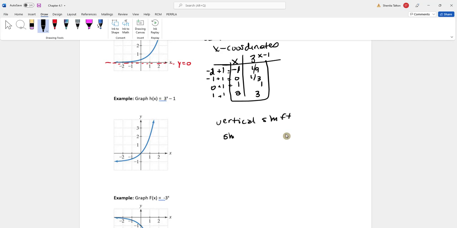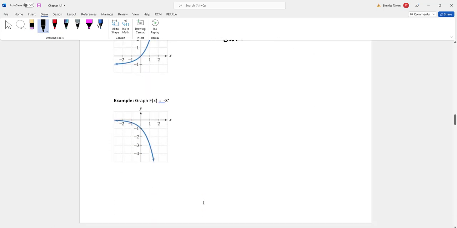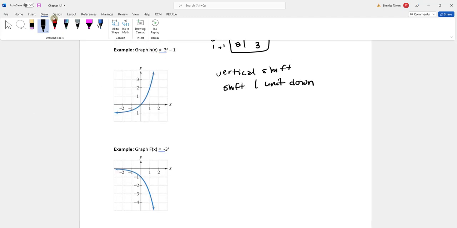You're going to shift 1 unit down. And since you shifted 1 unit down, your horizontal asymptote is also going to be 1 unit down. So this is y is equal to -1.